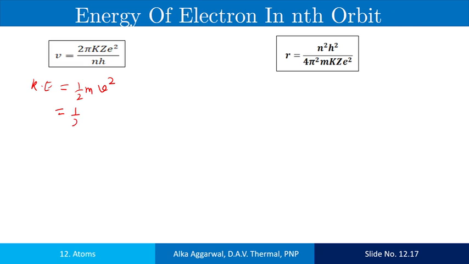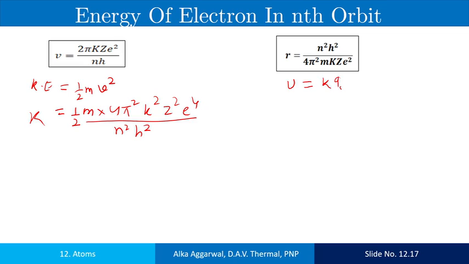So it is equal to half m 4 pi square k square z square e to the power 4 upon n square h square, which is the kinetic energy, and the potential energy is equal to k q1 q2 upon r. We know it from electrostatics.